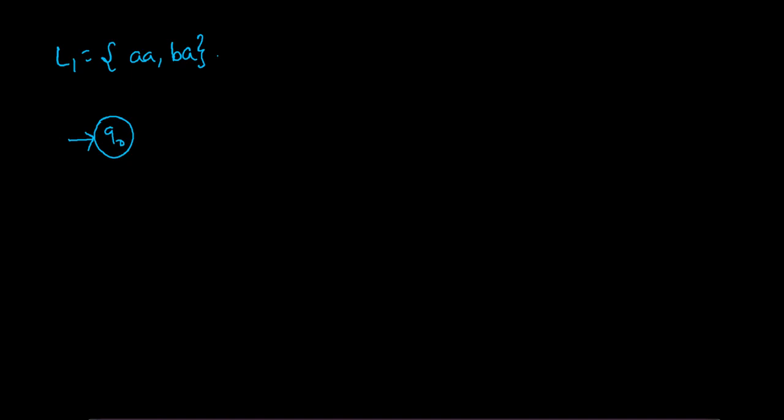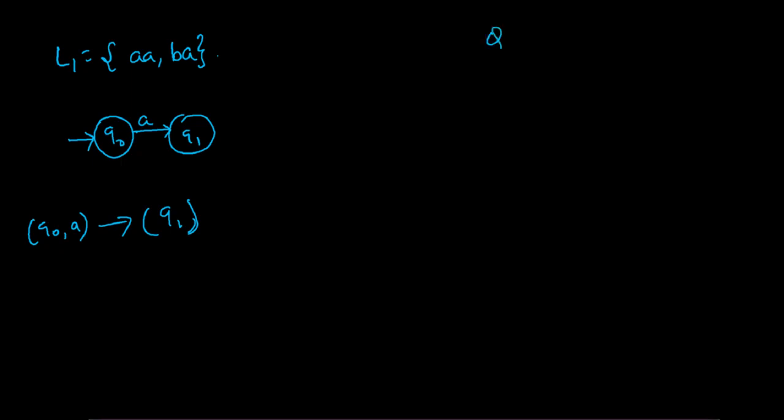So Q0, the initial state, will definitely not be a final state. Now Q0 on seeing A should go to another state Q1, and this Q1 is going to be a non-final state.